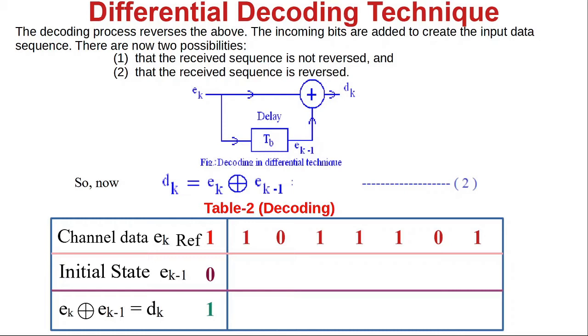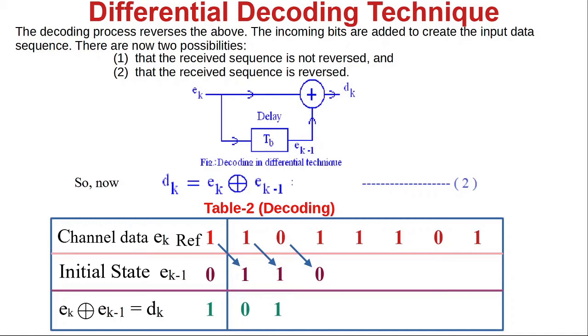Now the next initial state will be 1, and when this 1 is XORed with this 1, we get dk as 0, and the next initial state here will be 1 and dk will be 1, and the next initial state for this will be 0.